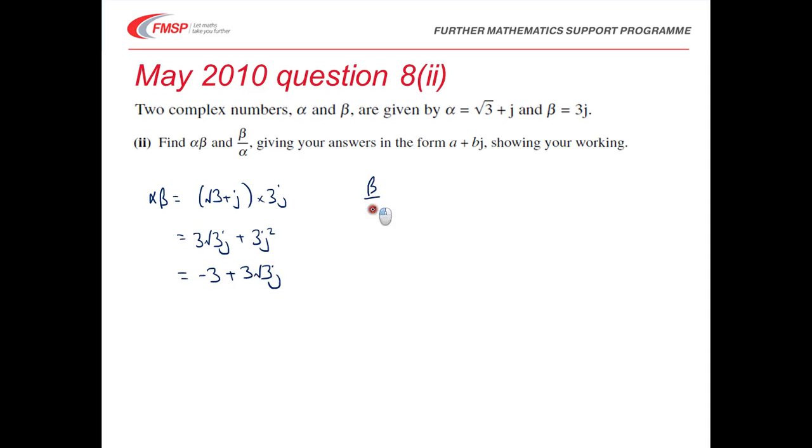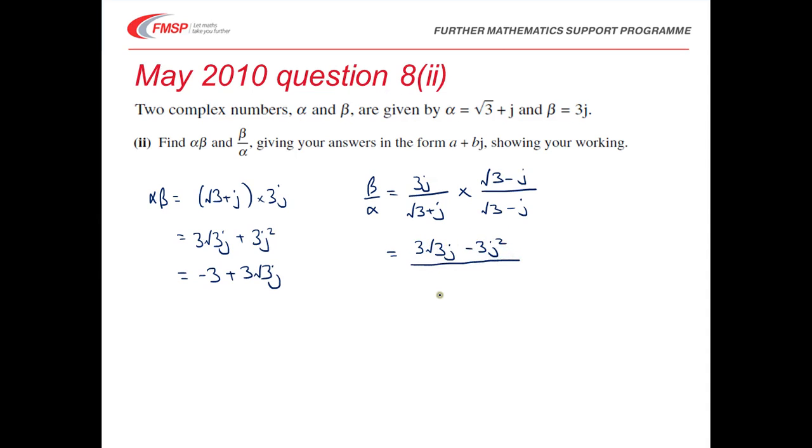For beta over alpha, that's 3j over root 3 plus j. And to find that division, we need to multiply numerator and denominator by the conjugate of the denominator. That gives us 3 root 3j minus 3j squared.